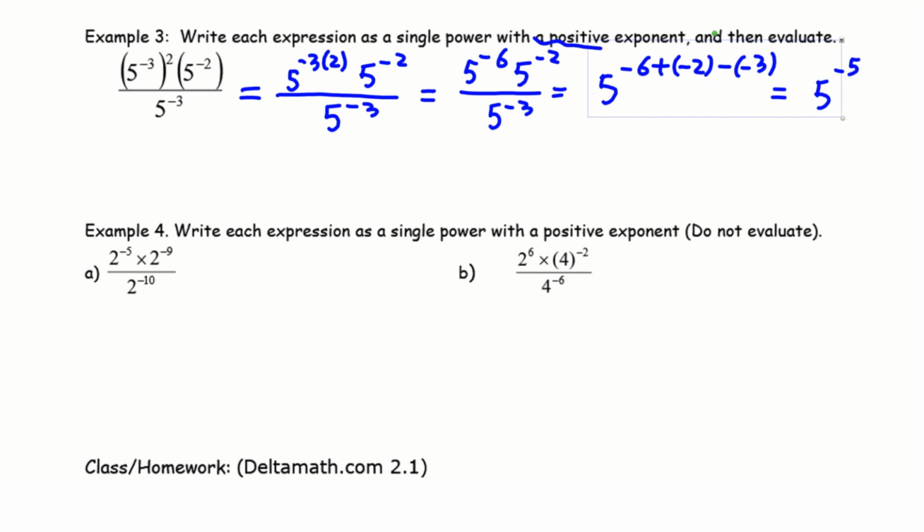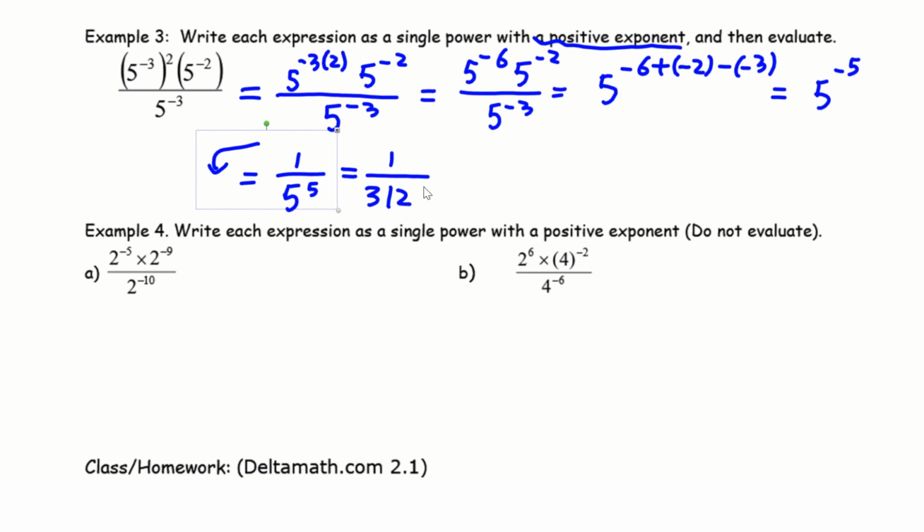With negative exponent for the single power, we need to flip it. So continue, it is 1 over 5 to the positive exponent. Negative exponent and positive exponent with the same base are reciprocal, so we flip it. Then evaluate 5 to the exponent 5, we have 1 over 3125.